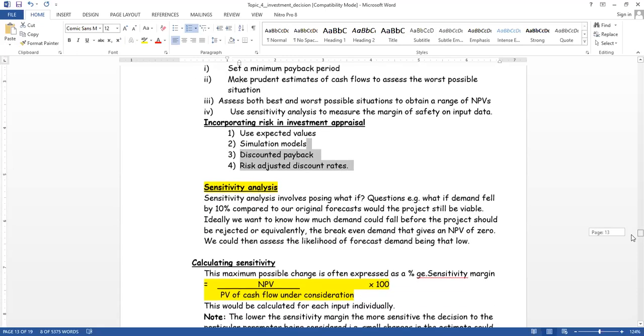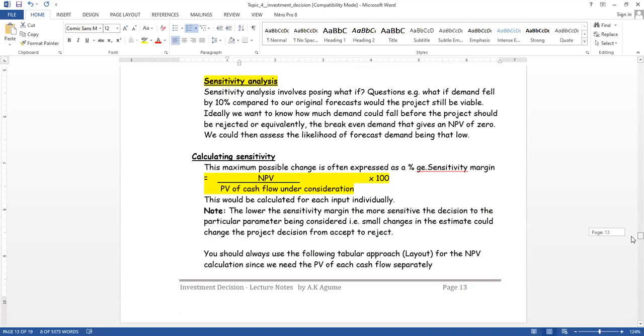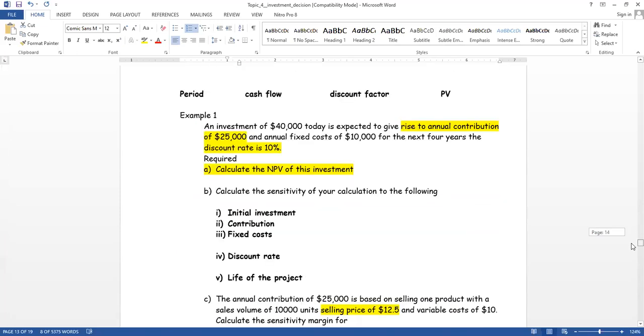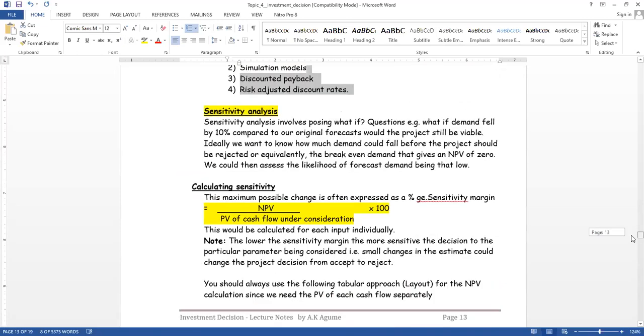approach. Now, sensitivity analysis. When you talk of sensitivity analysis, we are looking at posing what if what you are planning does not happen.